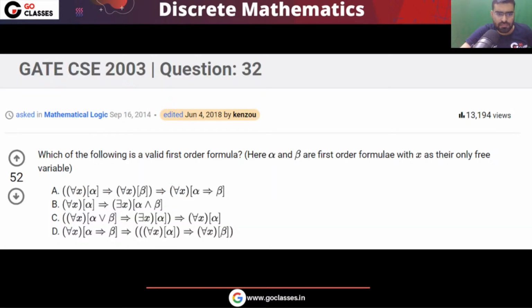Let's try this. So what is this question saying? Look at this. This question is saying that alpha and beta are first order formulas which have x as their only free variable. What does this mean? Does for all x affect this or not? Tell me what this means.